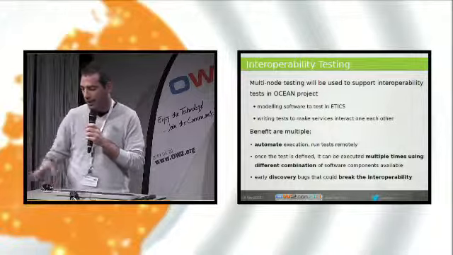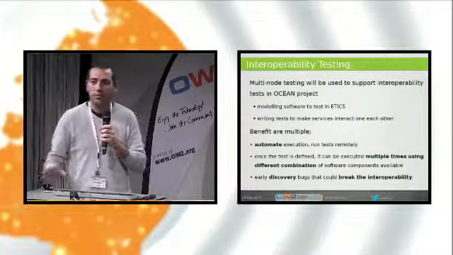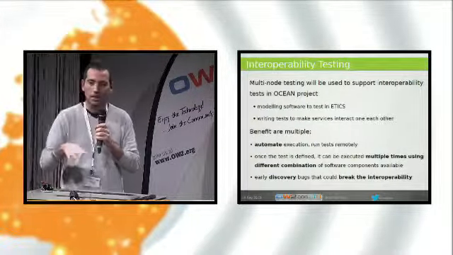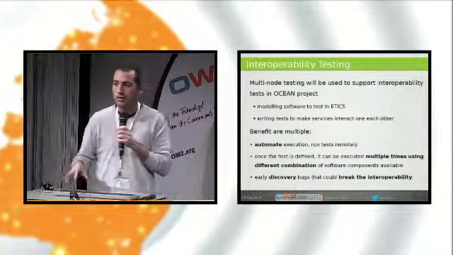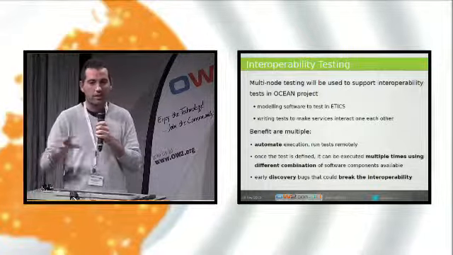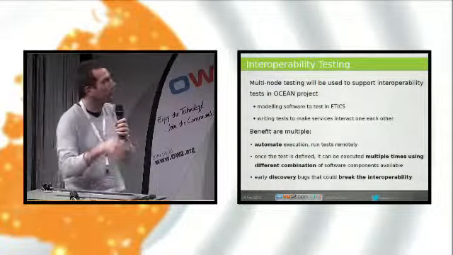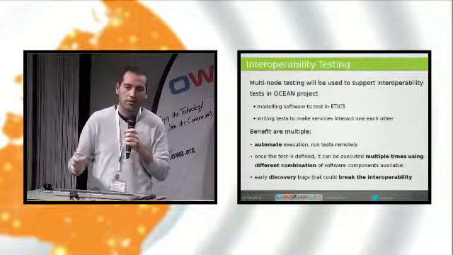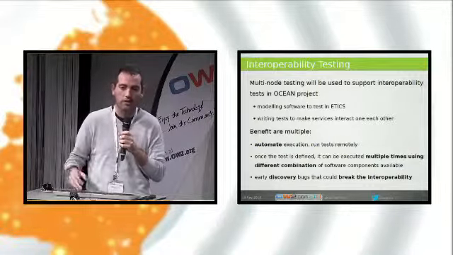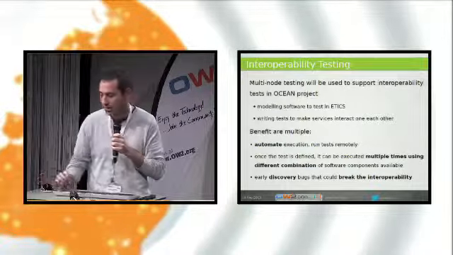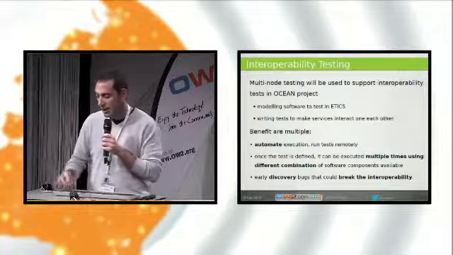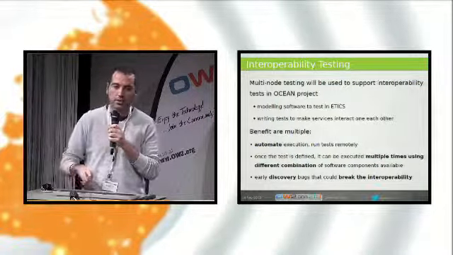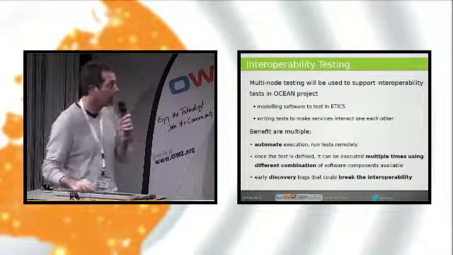And I say support here because, as we heard today, but also yesterday, interoperability is not just a matter of technology. Of course, there are other issues, for instance, licenses or contracts and so on. But at least for the technical part, ETICS can support this kind of testing.